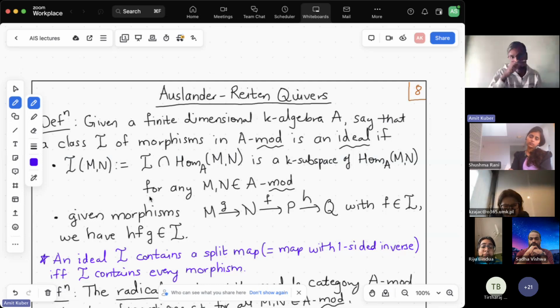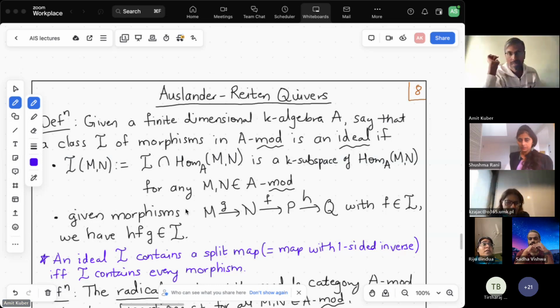And in particular, it is a left ideal as well as a right ideal, because I can always choose G to be equal to identity, so therefore HF will be in I. Or I can choose H to be an identity, so FG will be in I. So I'm declaring both conditions simultaneously.